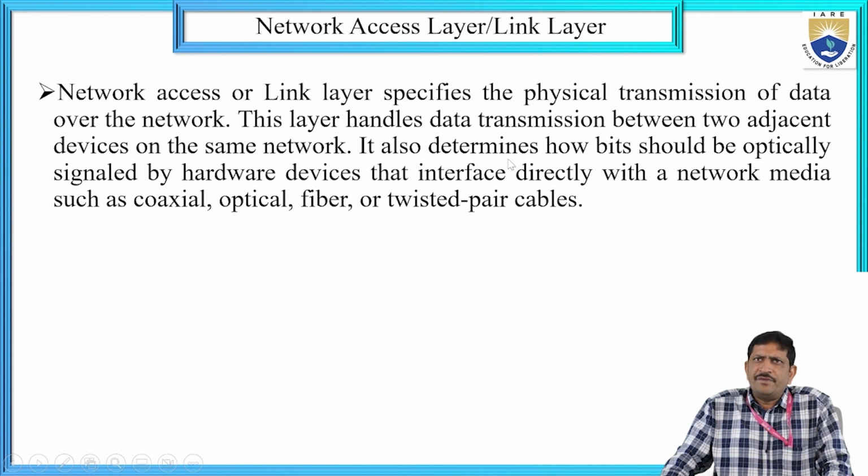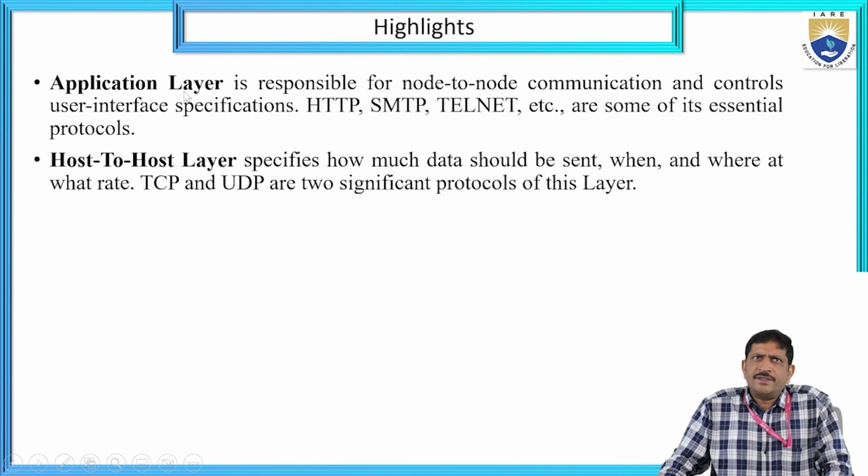It also determines how bits should be optically signaled by hardware devices that interface directly with a network medium such as coaxial cable, optical cables, fiber cables, or twisted pair cables.